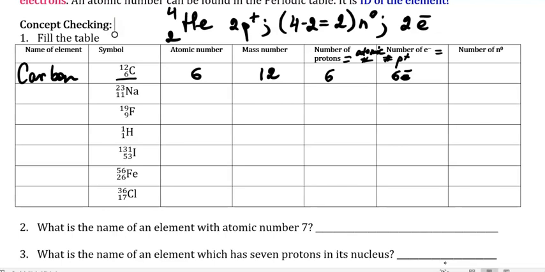We need mass number minus number of protons. So mass number is 12. You can write it down like me here, 12 minus 6, and calculate it. It is 6. So for carbon, the correct numbers are: number of protons 6, number of electrons 6, and number of neutrons is 6 too.